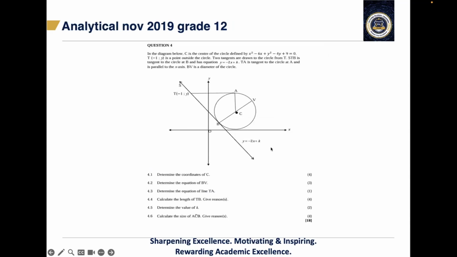Then we now get to the question that is found in grade 12. This is going to be your question number 4 in grade 12, whereby we are discussing the circle. It's analytical geometry of the circle centered at the origin or not centered at the origin.